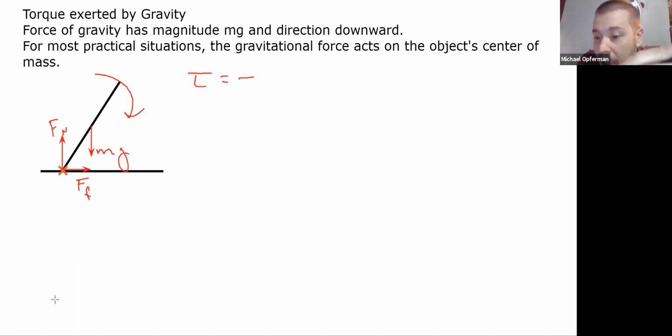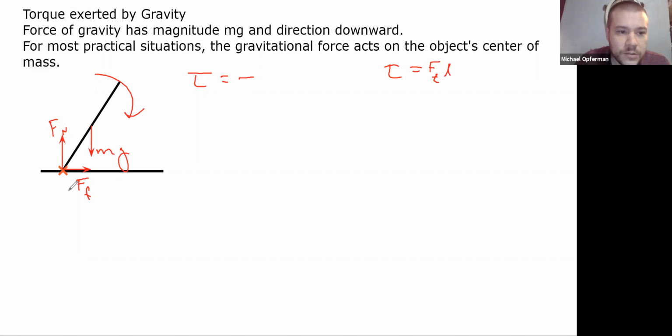Then you're going to use this FTL idea. This is probably not the easiest way to do this problem actually, but I'll do it this way. So in this case, the gravitational force is not tangential.